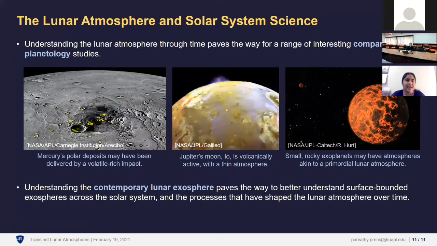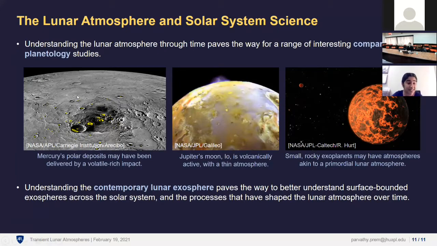And so I wanted to leave you with a couple of thoughts. The first is that the lunar atmosphere is fascinating in its own right, but it's also connected to a whole bunch of other problems across the solar system.